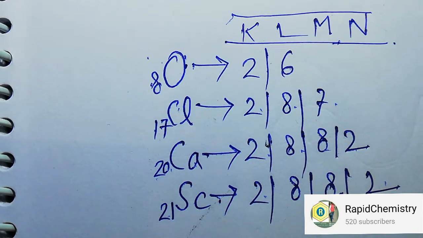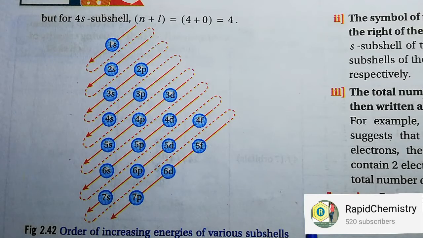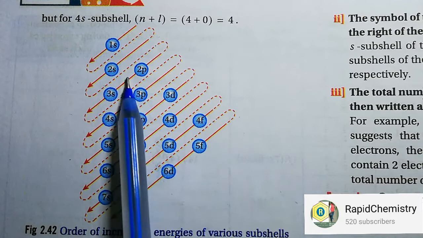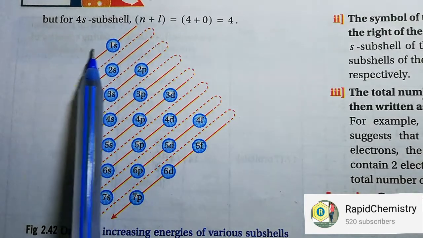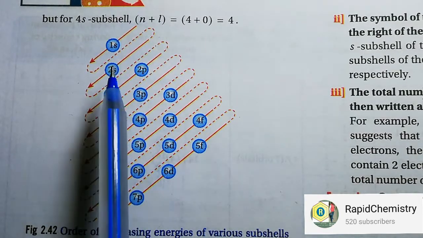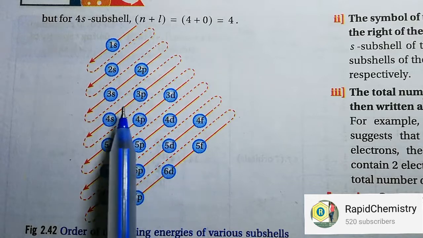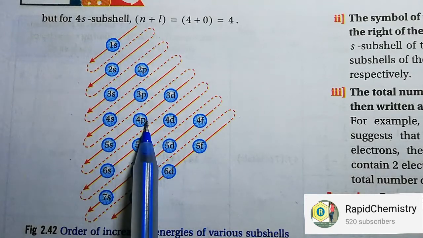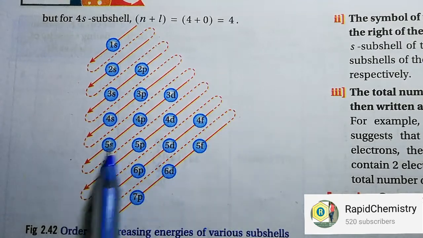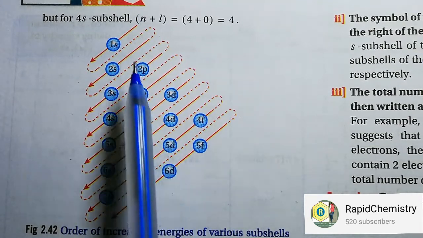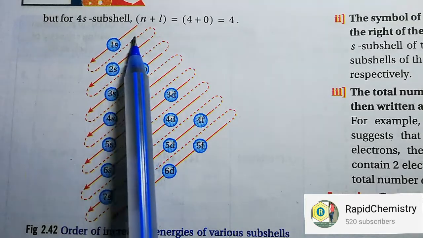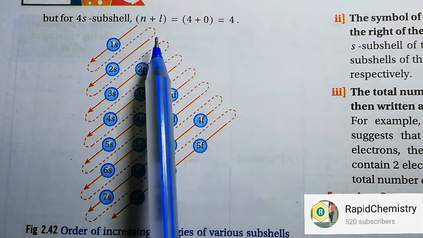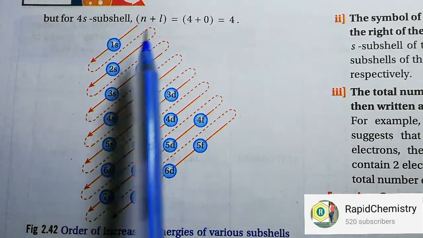Now let's look at the chart given here. For the very first shell only the s subshell is there, the second shell has 2s and 2p, the third shell has 3s, 3p, 3d, and the fourth shell has 4s, 4p, 4d, 4f, and so on. The arrow signs show the electron filling in the orbitals.